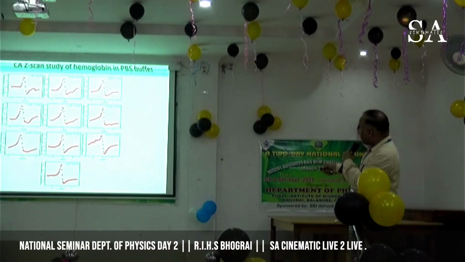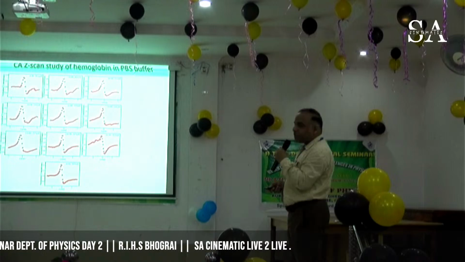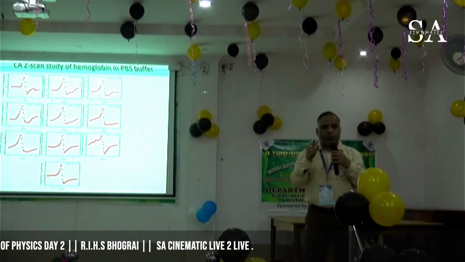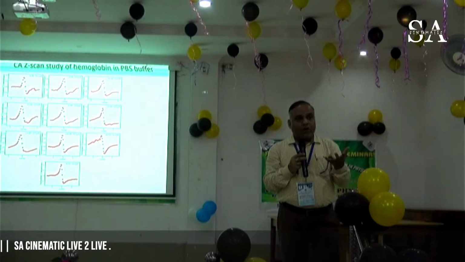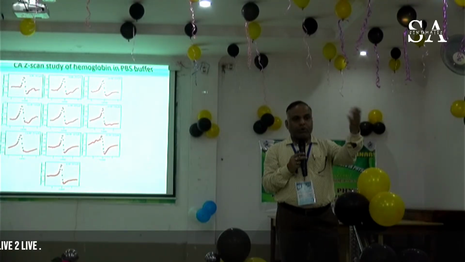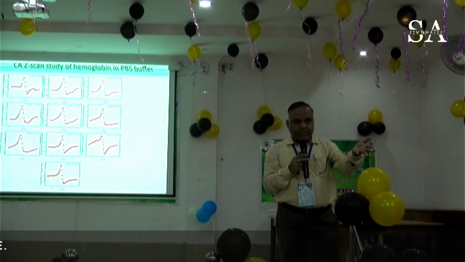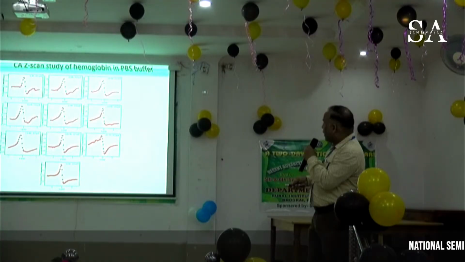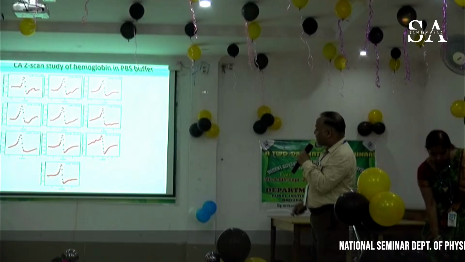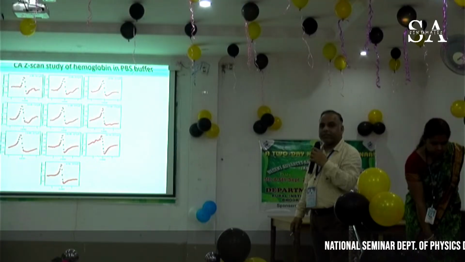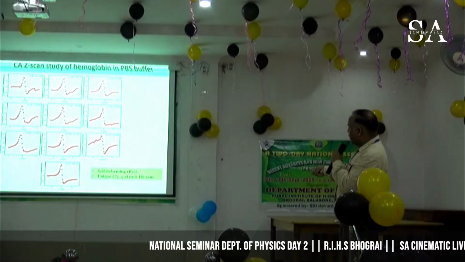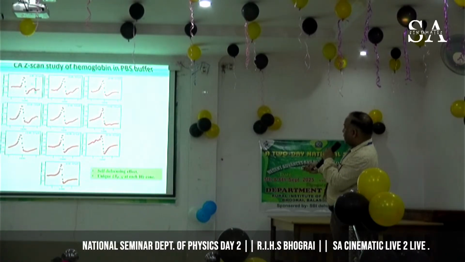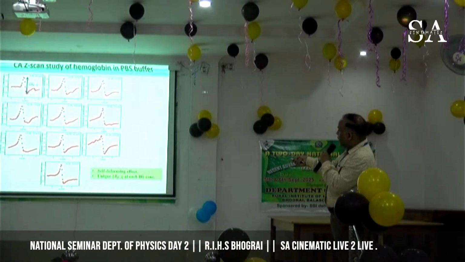When you perform the Z-scan for the pure hemoglobin, first we tested whether hemoglobin is showing a nonlinear signal or not, which we need to test before going to the blood cell. We saw that hemoglobin is giving us nice nonlinear signals, and from this we can say this is a self-defocusing effect. There is another way that you can measure simply.